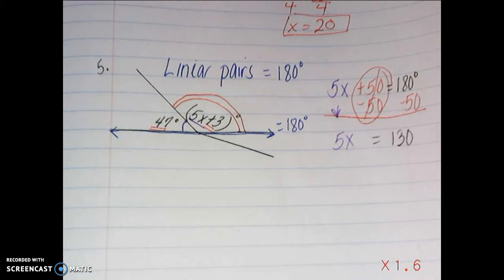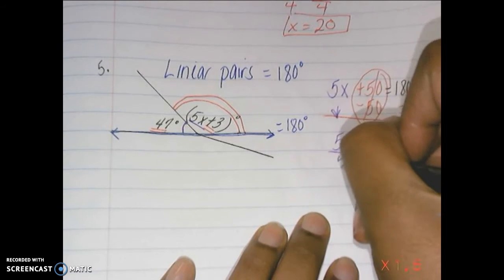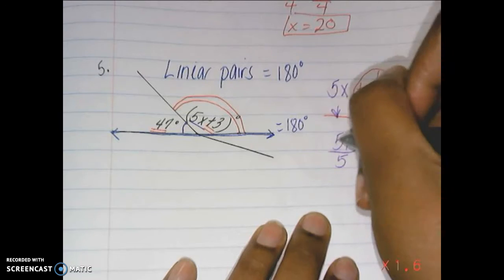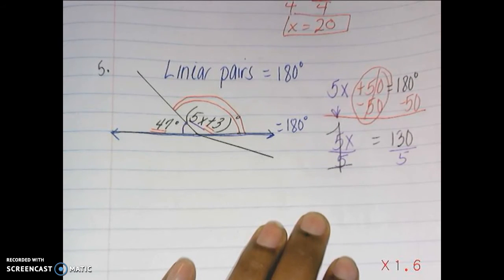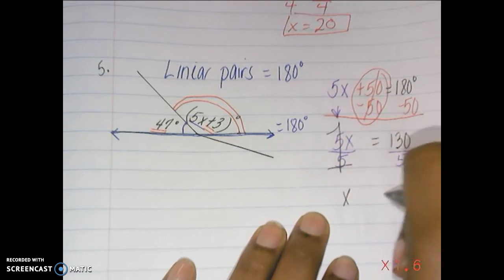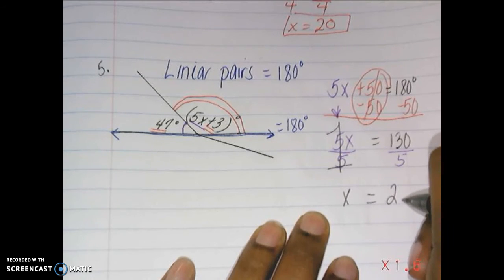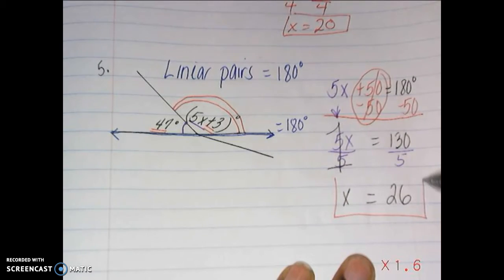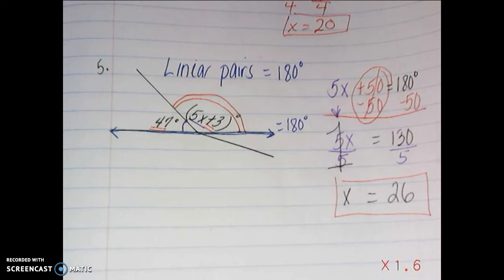Then my very last step, because I want to get x completely by itself, is to divide by 5 on both sides. 5 divided by 5 is a 1, so I have x equals 26. We put a box around it. We just found out what x equals.